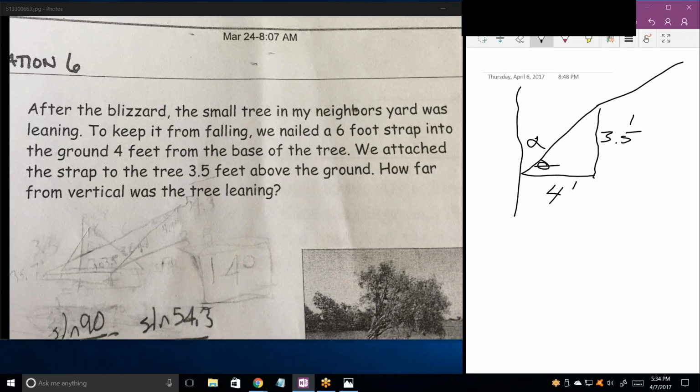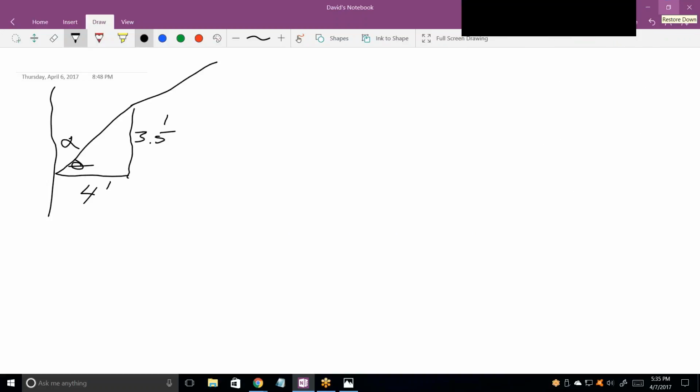What's theta equal to? And the way to solve these is always try to figure out a trig function of theta. Which trig function would you use? Tangent. Okay, so I can say tangent of theta equals what? 3.5 over 4.